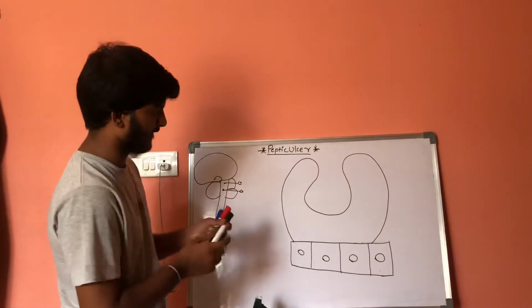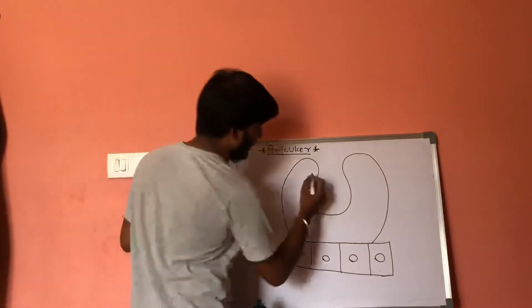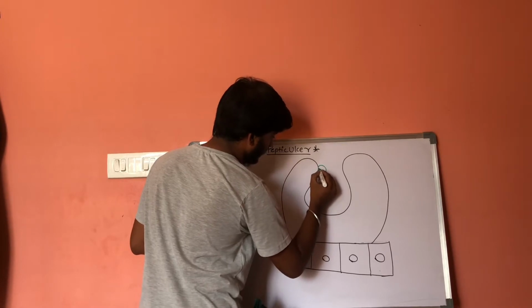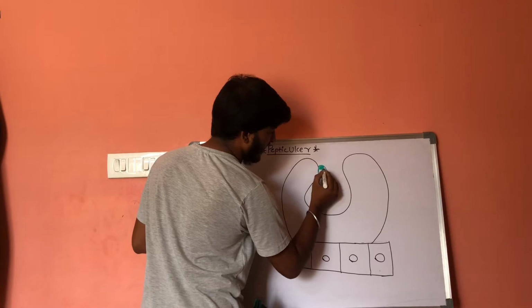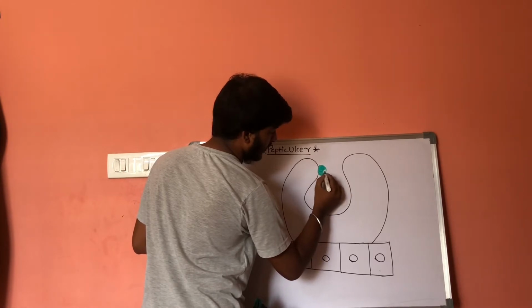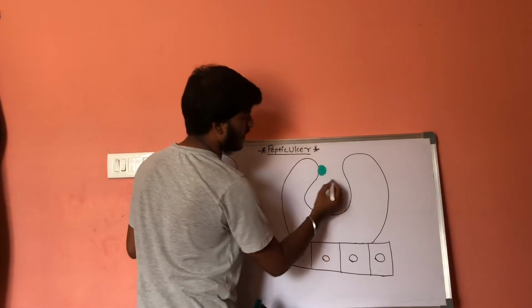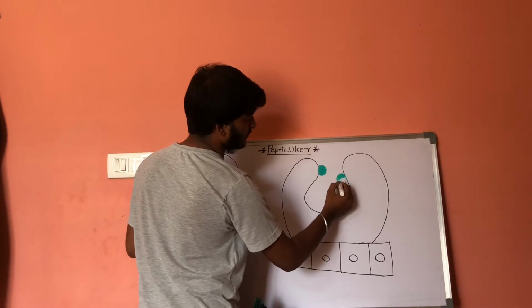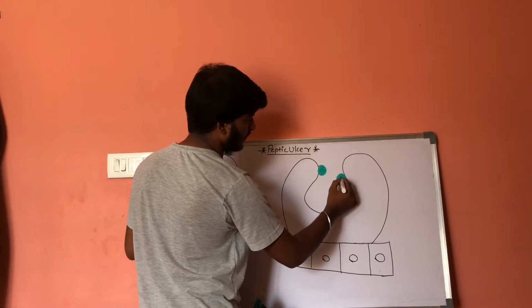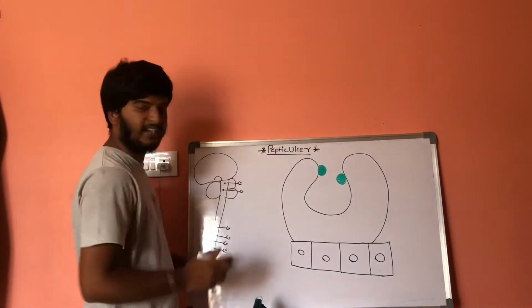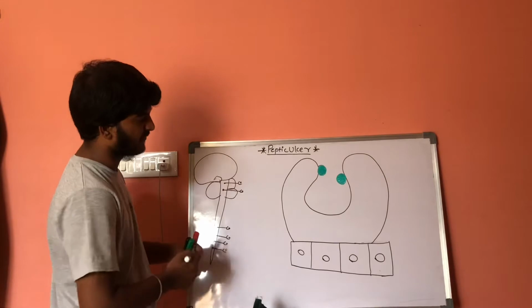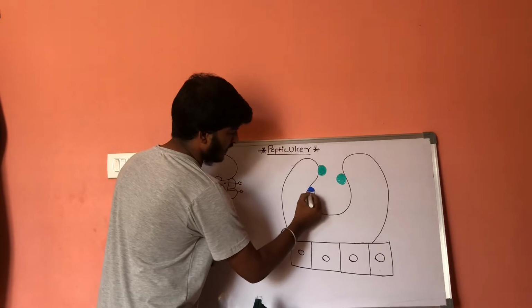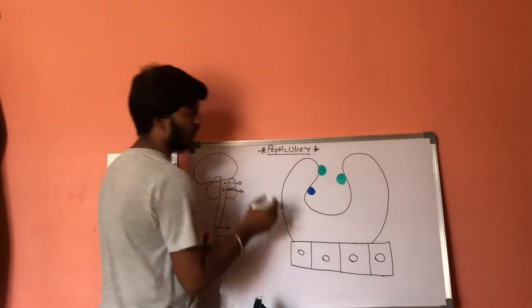As we know, these are a special set of cells called parietal cells, and there is one more type of cell, that is the enterochromaffin cell.